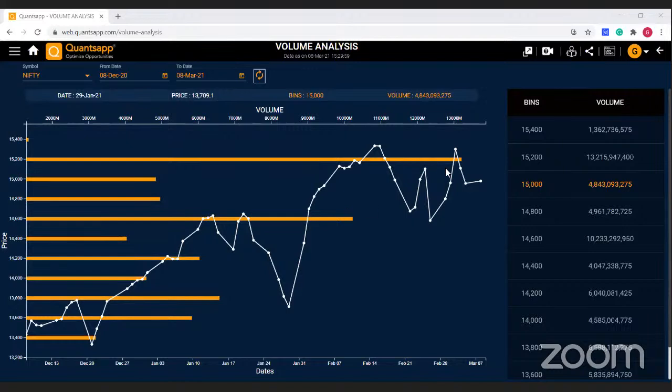We can say Nifty is still struggling at the highest level, which stands as the strong resistance for the Nifty. And from below we can see there's a highest bin level which is increasing, which is acting as my support level from below.